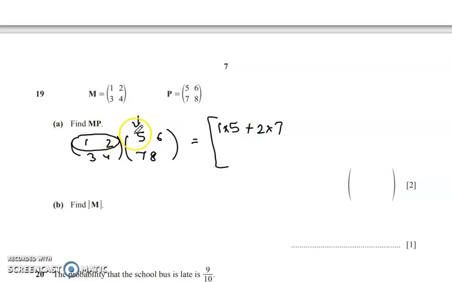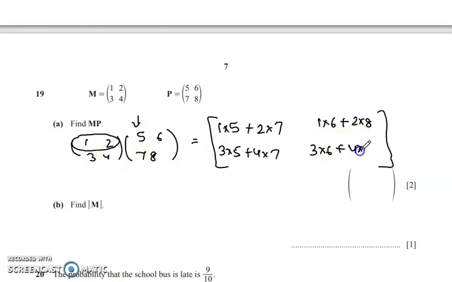The first part is done. Now for the second column, 1 into 6 plus 2 into 8. Second column is done. Now 3 into 5 plus 4 into 7. Similarly 3 into 6 and then 4 into 8.